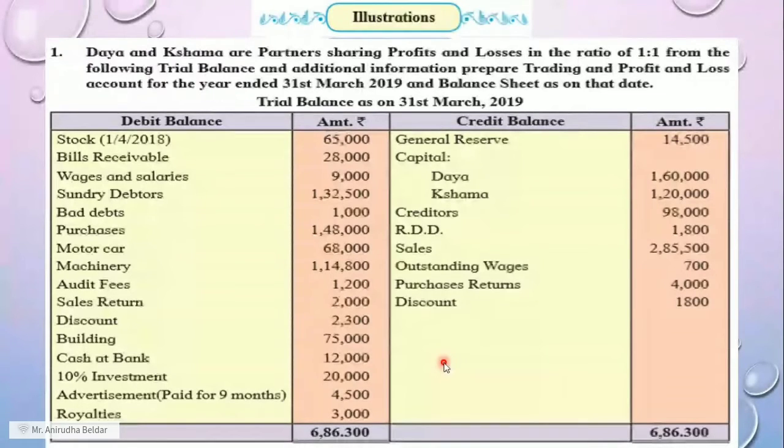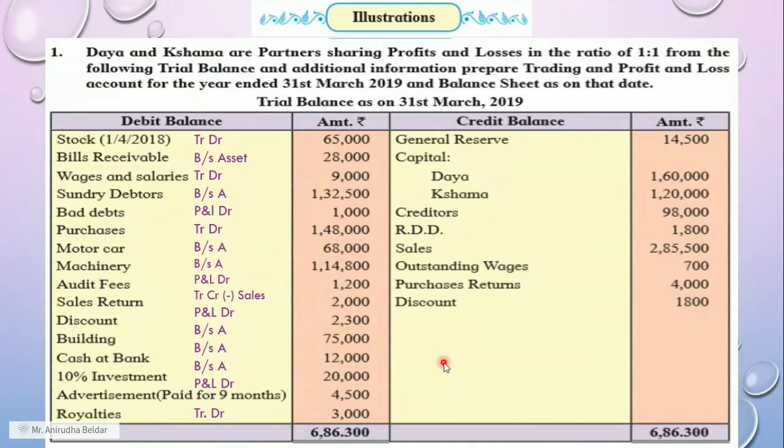For example, stock on 1st April will appear on the trading account debit side. So we'll see all the expense allocation. Likewise, the debit balances and credit balances are allocated.